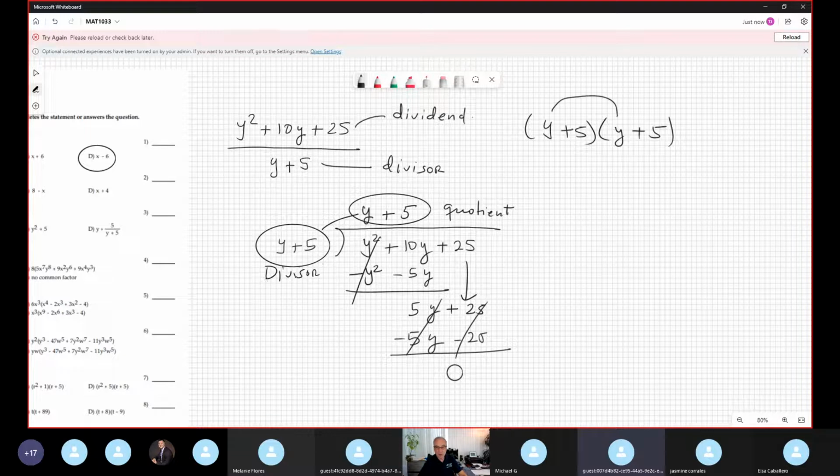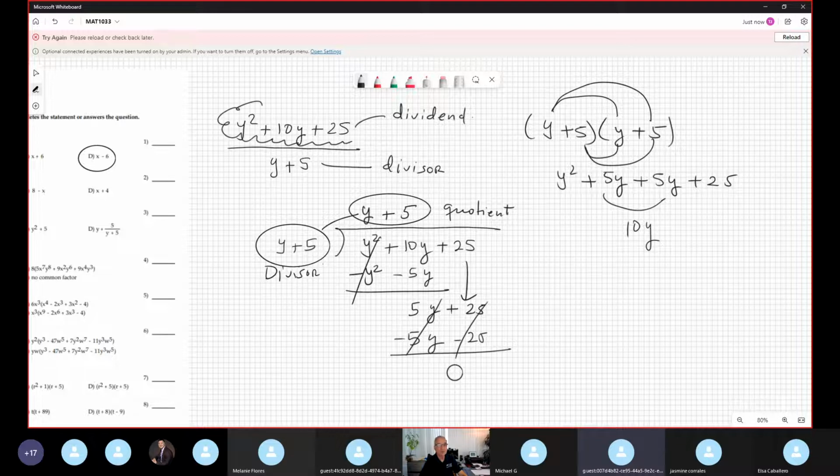So y times y squared plus 5y, plus 5y again because they are twin brothers, and 25. Now combine 5 plus 5 is 10. We have y squared plus 10y plus 25, exactly what we had at the beginning. Cool.